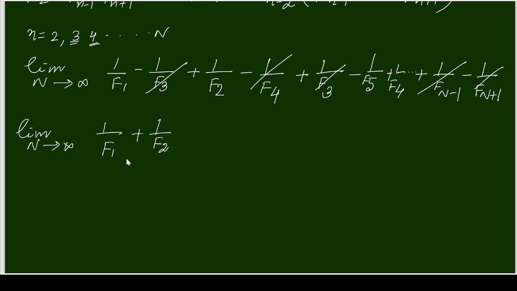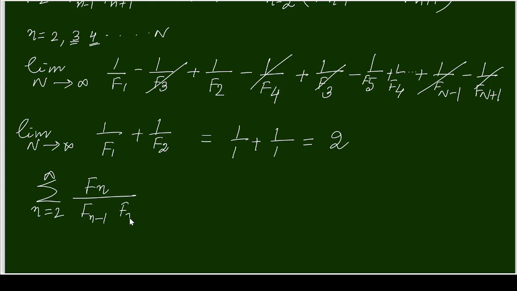It is given that f1 is 1, so it will be 1 by 1, and f2 is also 1, because in the Fibonacci series it will be 1, 1, 2, 3, and so on. So the sum of n equals 2 to infinity of fn over fn minus 1 fn plus 1 equals 2.